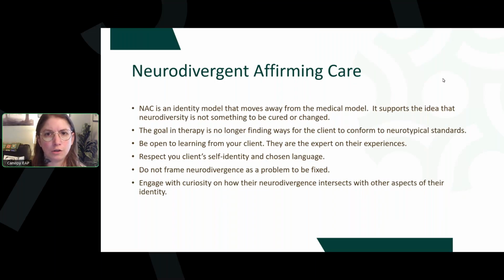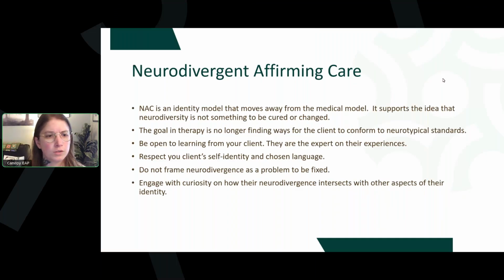So having to unlearn what those goals or messages were potentially in previous clinical relationships. So some of that psychoed around what your goal is in terms of affirming someone and meeting where they're at and really focusing on that identity model and creating space to talk to that individual around questions they may have, goals, and what that looks like in terms of the therapeutic alliance and treatment plan.